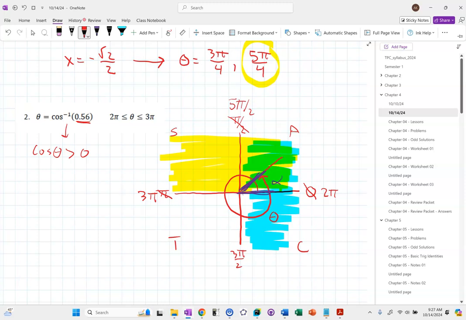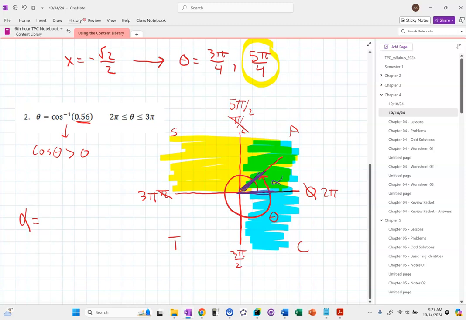I remember that alpha is always going to be equal to inverse of the absolute value, and then whatever the value is. Now, in this case, does it really matter, the absolute value? No, but I'm always going to write it because the last thing I want to do is be willy-nilly about it and forget to do it when I really need to.